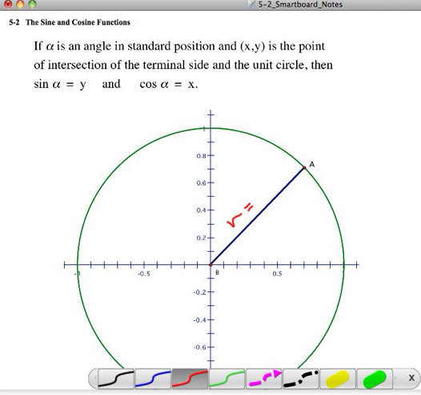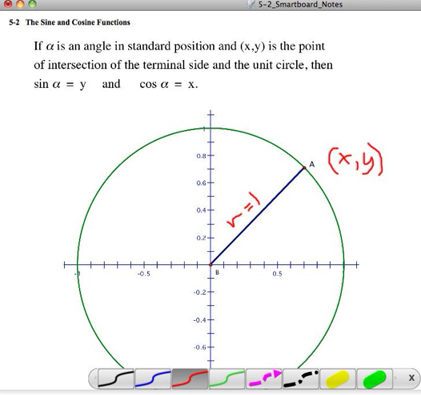But if we're trying to find this point A where it intersects, we don't know what it is. So we're just going to list it as x comma y for now. Remember, ordered pairs come in x and y.